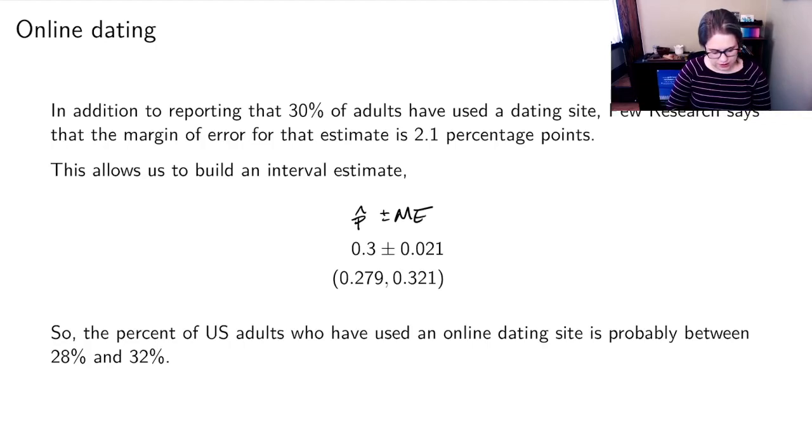And I get this interval. So it's between 0.279 and 0.321. So if I had to tell you what percent of US adults have used an online dating site, I'd say, well, it's probably between about 28% and about 32%. And that would allow me to feel more confident about what I was saying than just saying, it's about 30%.